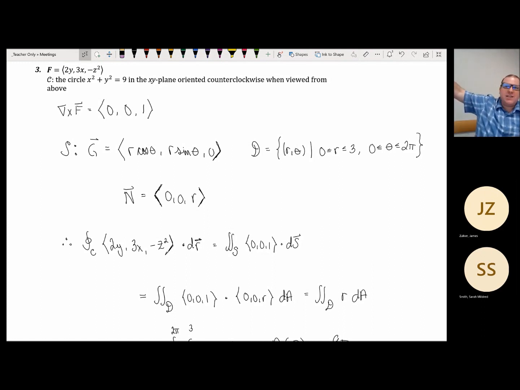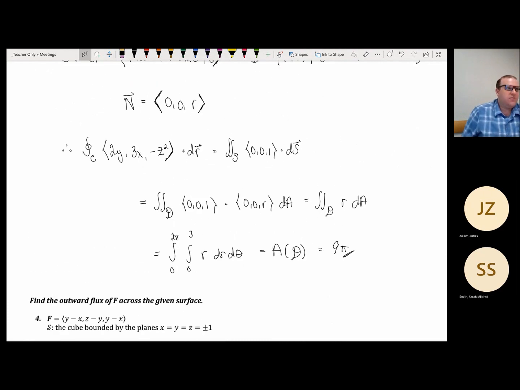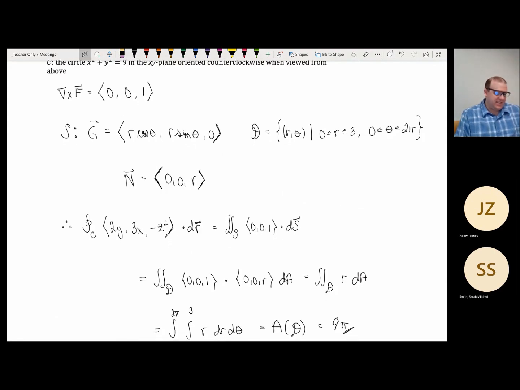So the way that's parameterized with the normal vector is already a conversion. It already gave me r dr d theta, so it's kind of like I already converted it to polar. That's just how parameterizations work. This isn't the only parameterization you could have used. I already told you, you could have used x, y, 0, and then your domain would have been x from -3 to 3, y from minus root 9 minus x squared to positive root 9 minus x squared.